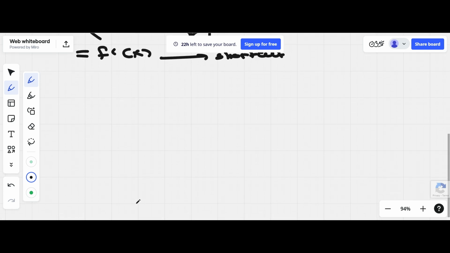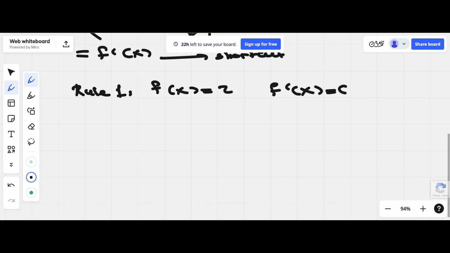First of all, rule number 1: the derivative of a constant, when f of x is a constant. For example, f of x equals 2, the derivative is always 0. I'll explain why when I explain another rule.